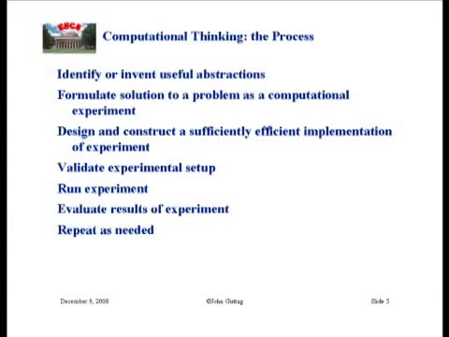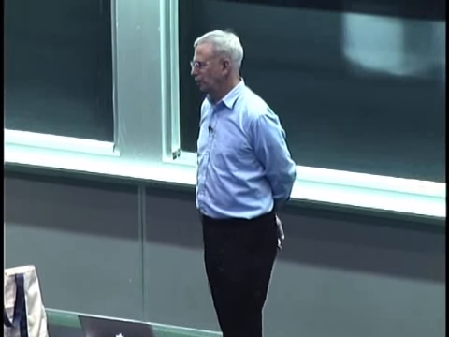So what is it? Well, the process is the process that we've been advocating throughout the semester. You identify or invent useful abstractions. Sometimes they're out there and we can just pluck them. Sometimes we have to invent them ourselves. We then formulate a solution to a problem as some sort of computational experiment, typically using those abstractions.